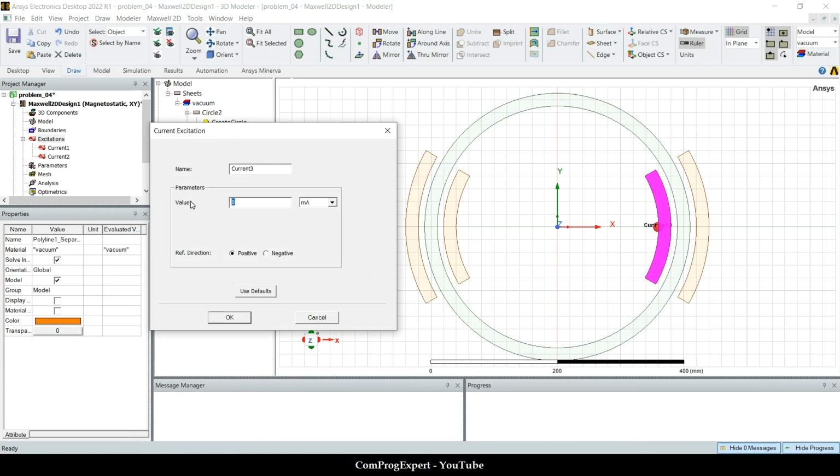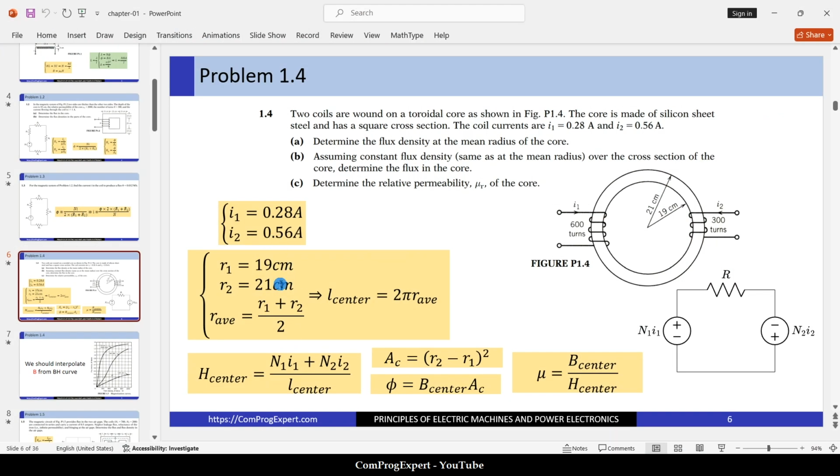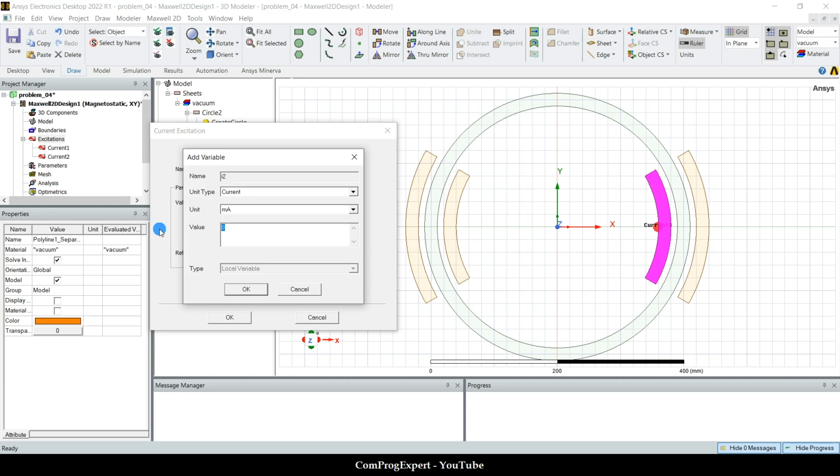Assign current. This is N2. I2 negative. N2 is 300. The unit is none. I2 is equal 0.56 ampere.